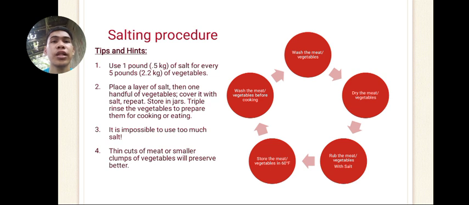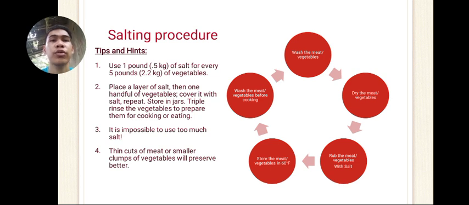Triple rinse the vegetables to prepare them for cooking. So before cooking, wash the meats or the vegetables three times.